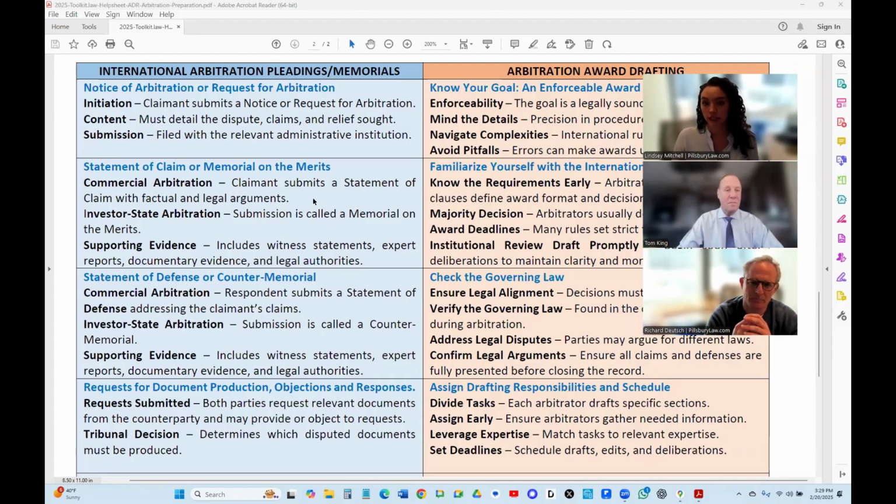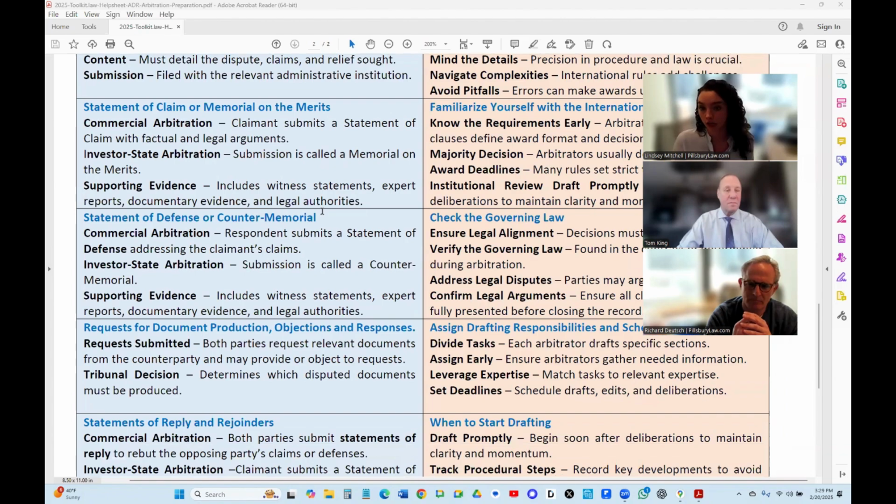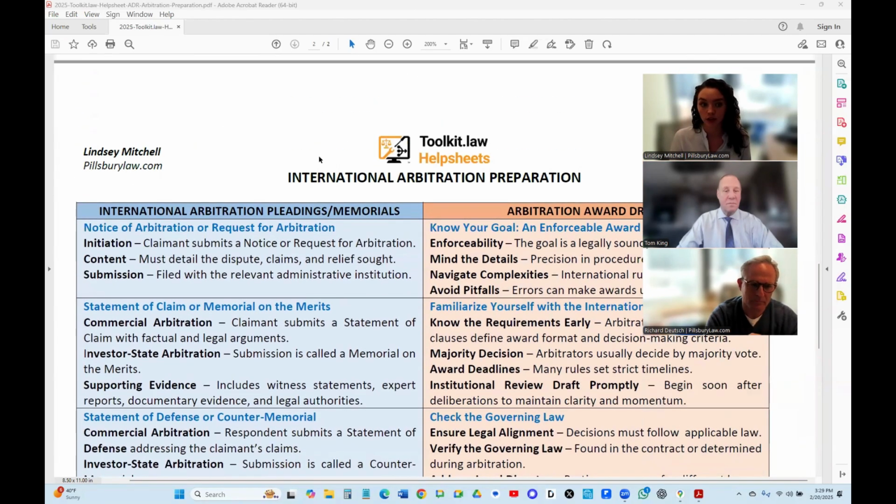Also, a party in the notice may nominate the arbitrator that they want to have as part of the tribunal. But again, all of this is going to be either detailed in the underlying arbitration clause or in whatever rules govern the arbitration as selected by the parties.